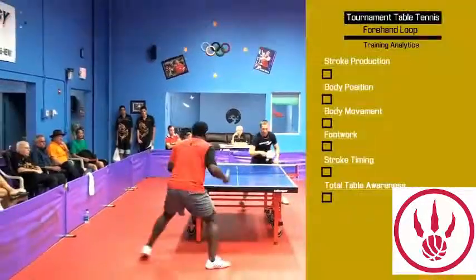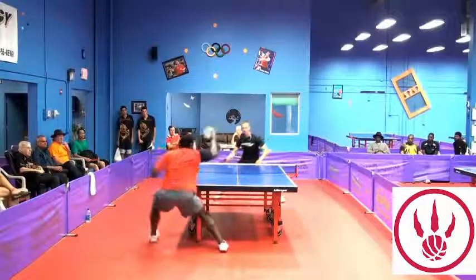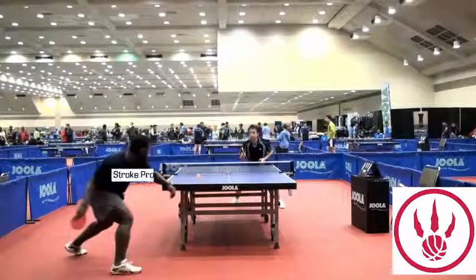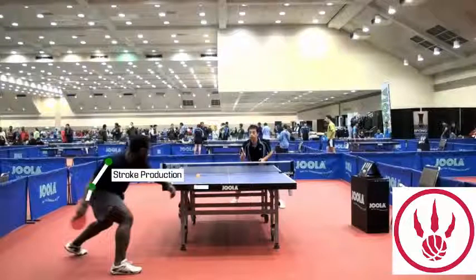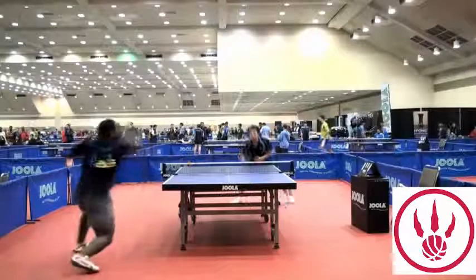Stroke production. The stroke production is the first analytic that you must perfect because it sets the tone with regards to mechanics. When the ball lands on the table, the arm needs to be as close to 90 degrees as possible. This will create the necessary snap that is required to create the spin needed.